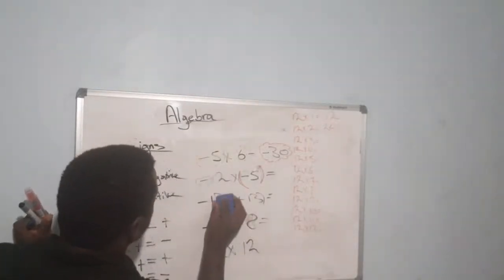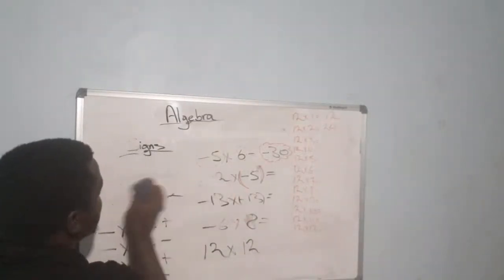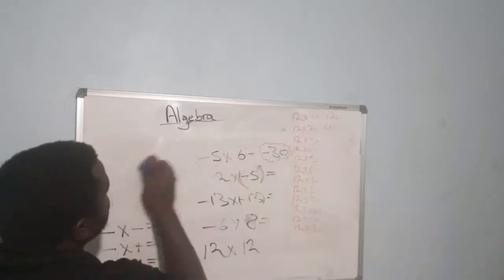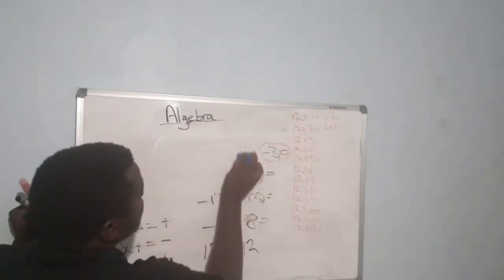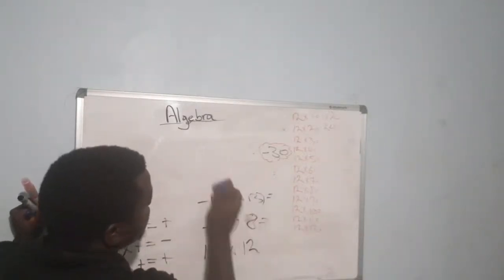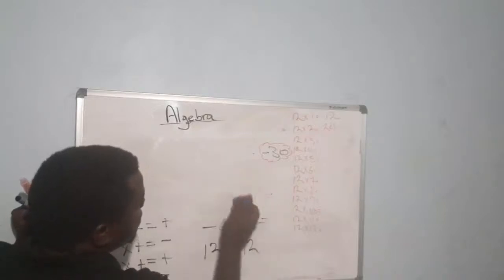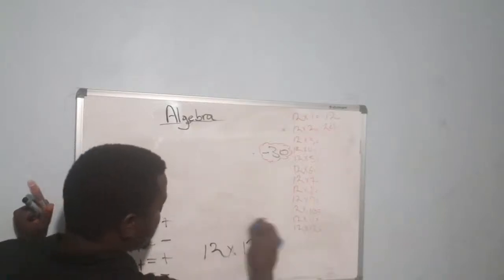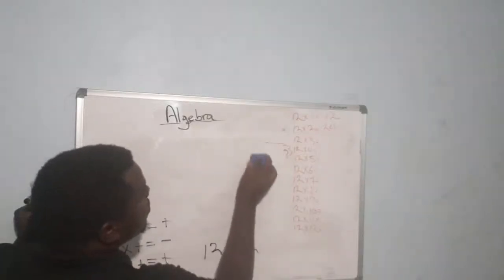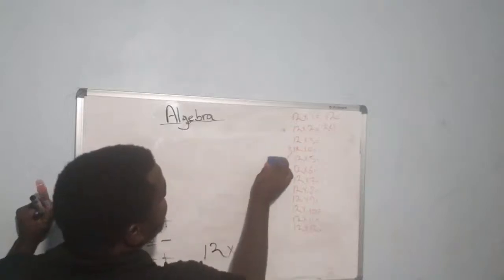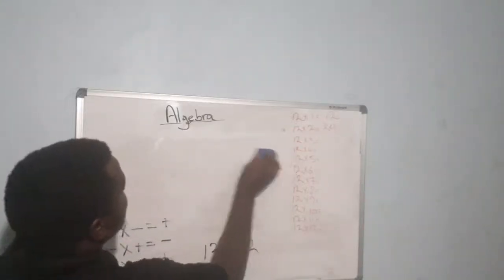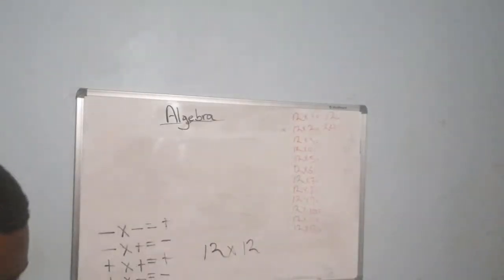And if you want to see how we get some of these, we're going to work them out. That is our aim: 12 multiplied by 12.